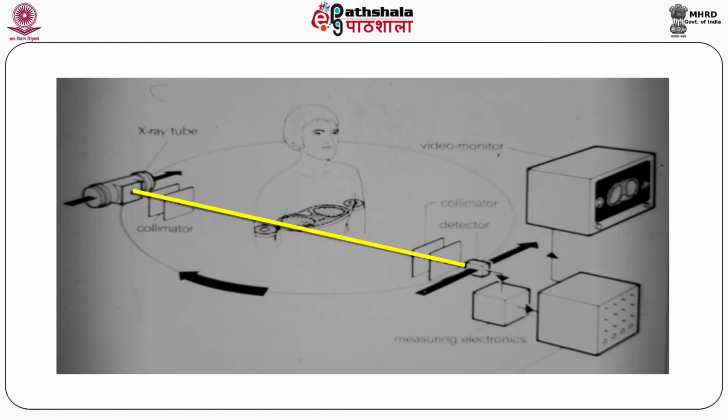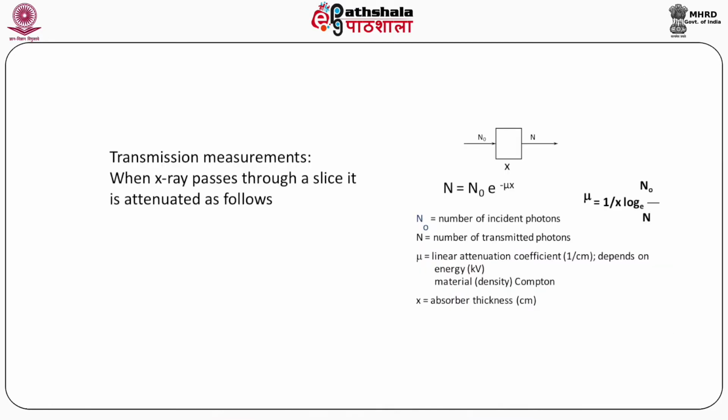Each ray or data point, as shown in this figure, is a straight line path between the X-ray source and detector. When the X-ray beam passes through one slab of tissue, you can see here the intensity of transmitted X-ray is related to the intensity of incident X-ray, and in this case we can find out the linear attenuation coefficient.